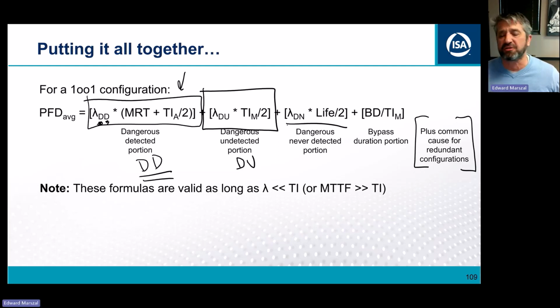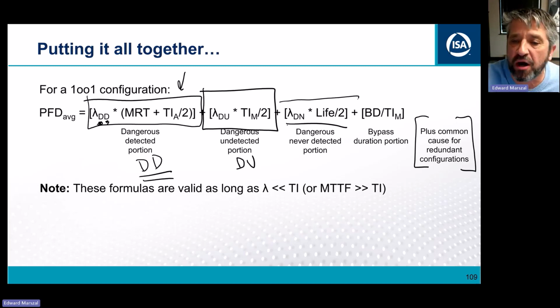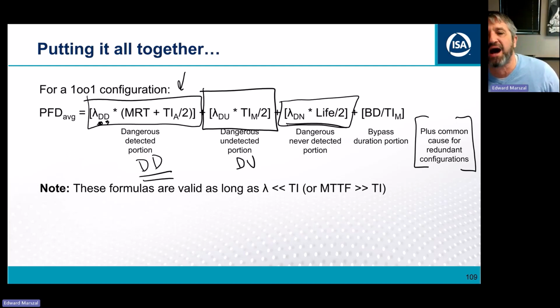So I'll come back and give you some examples of some poorly executed tests that are not going to give you 100% diagnostic coverage. And even after the test is performed, this failure mode can still be present. And that's why there's a portion of the failure rate that you will never detect, not by your automatic diagnostics, not by your manual proof tests.